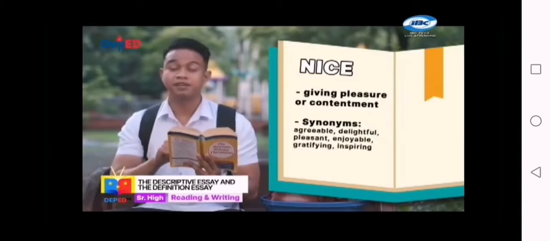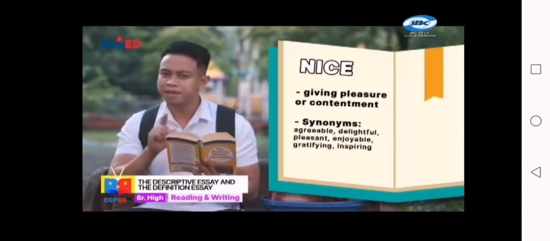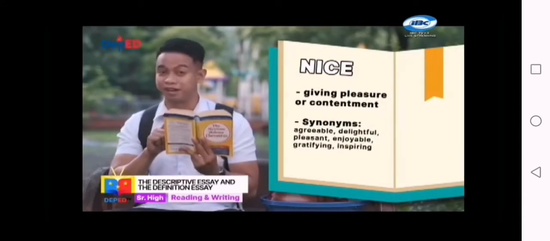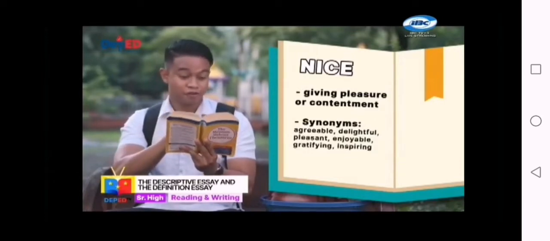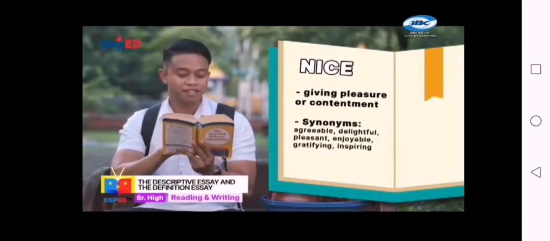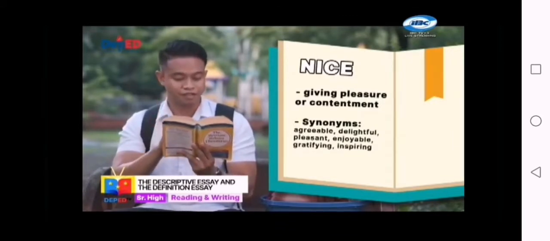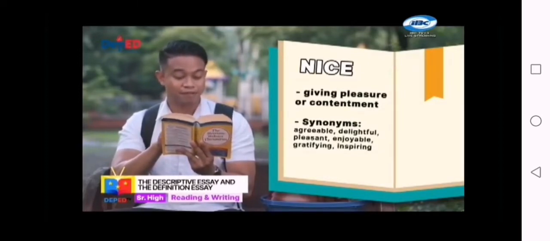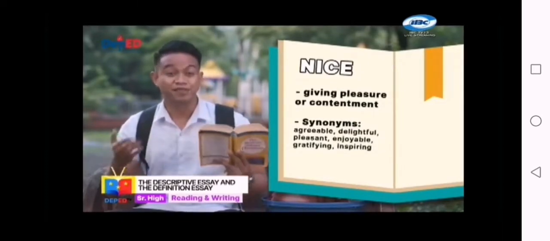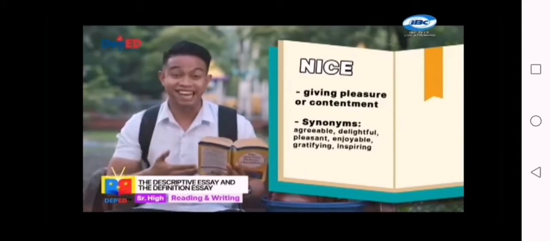Apparently, nice here has several meanings. Let's pick a meaning that best describes the shrine. Oh, there you go. Under the definition, giving pleasure or contentment, synonyms of nice include agreeable, delightful, pleasant, enjoyable, gratifying, and inspiring. Wow, these are great alternatives for just nice.